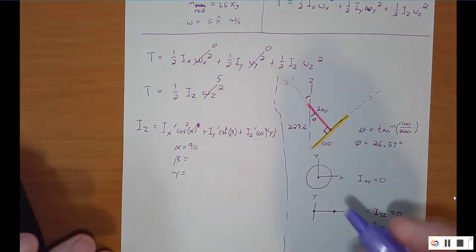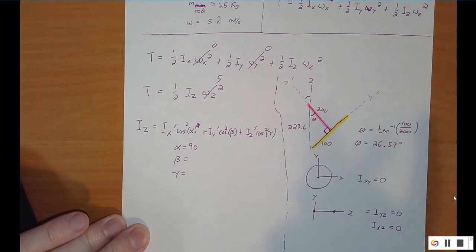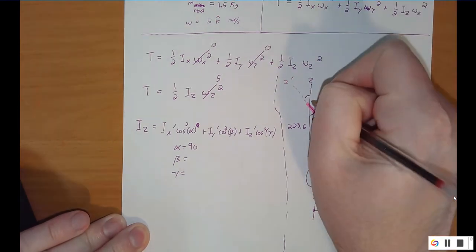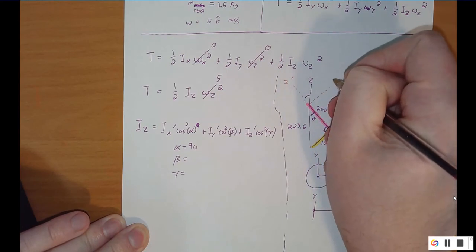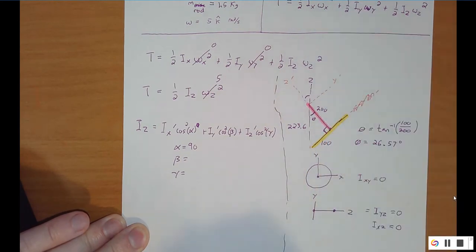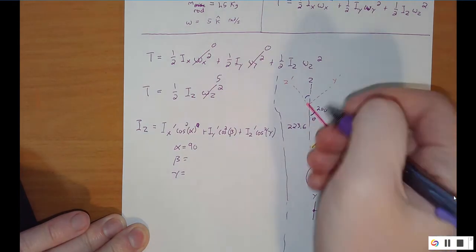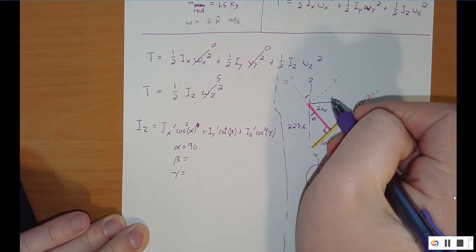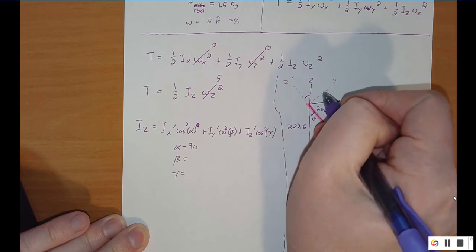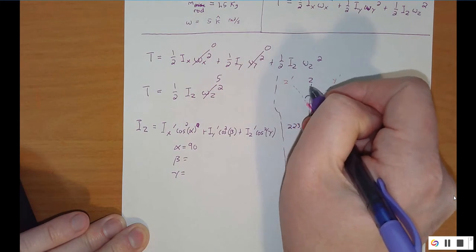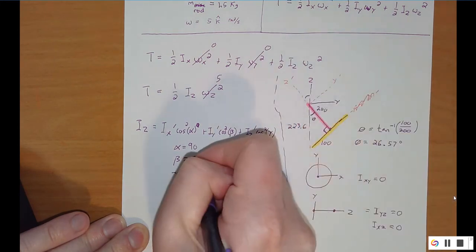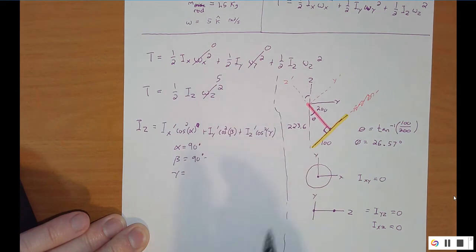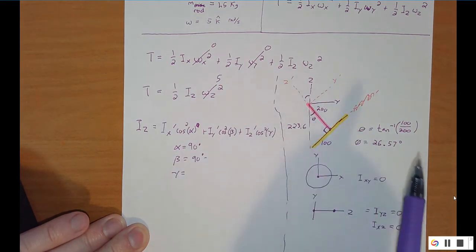Alright, and then for beta and gamma, let's just redraw this y-axis up here, where it actually makes more sense to look at it. So we have our y-axis and our original y-axis. To get over to here, our y-axis is going to go basically 90 degrees minus this angle. So this will be 90 minus the angle that we found, which was 26.57.